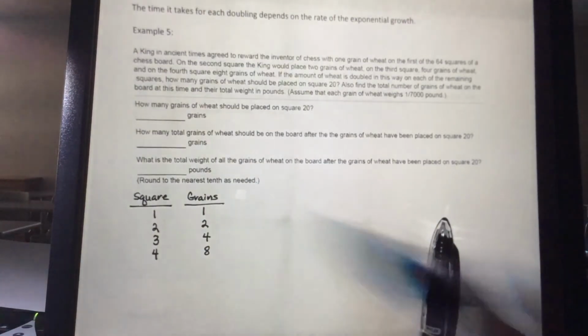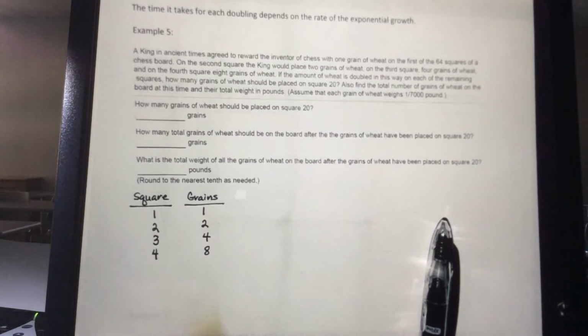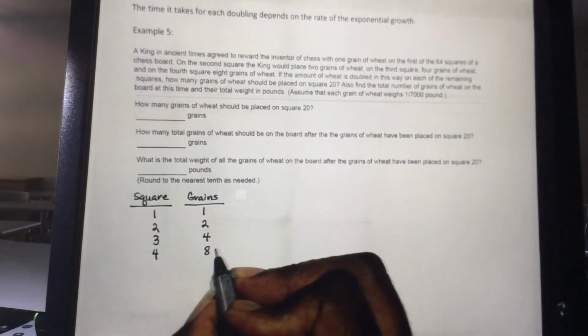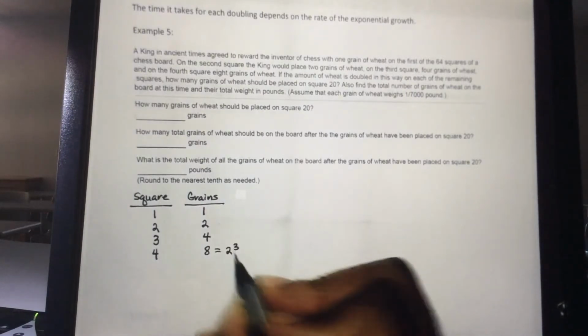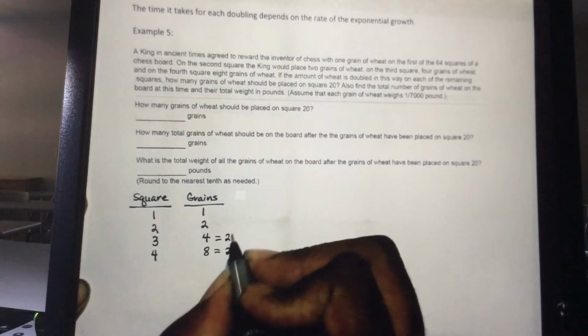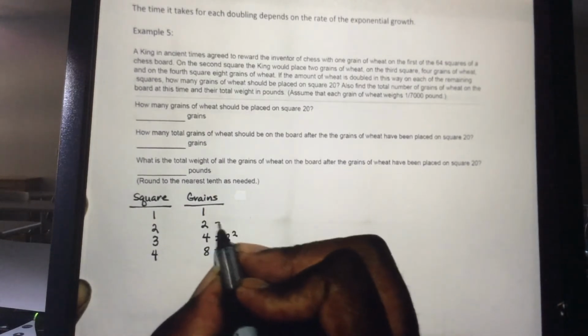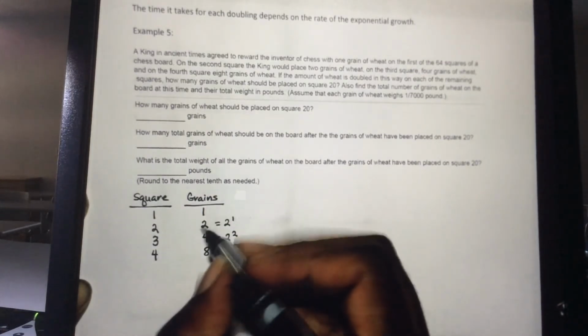But in this case, I can look at the number of grains in that column as powers of 2. Like the 8, that's 2 to the 3rd power. If you recall, 2 to the 3rd is 2 times 2 times 2, which gives us 8. 4 is 2 to the 2nd. The 2 is, of course, 2 to the 1st.